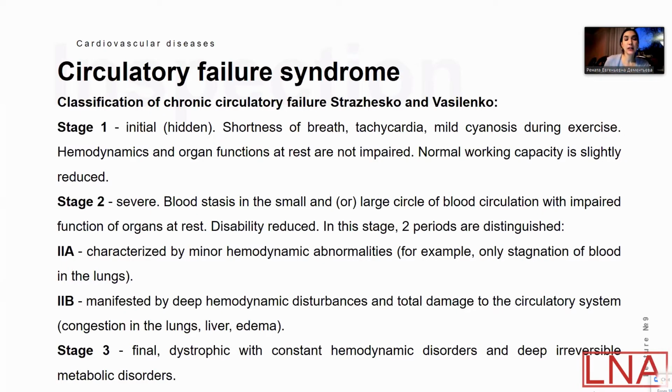And 2B is manifested by deep hemodynamic disturbance and total damage of the circulatory system, and stagnation of the blood in both cycles of circulation, small and large.